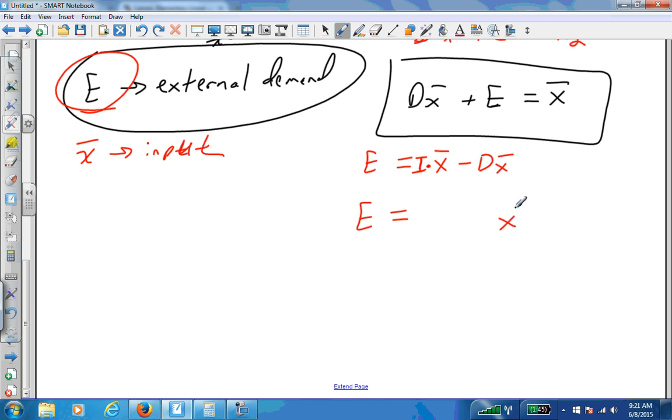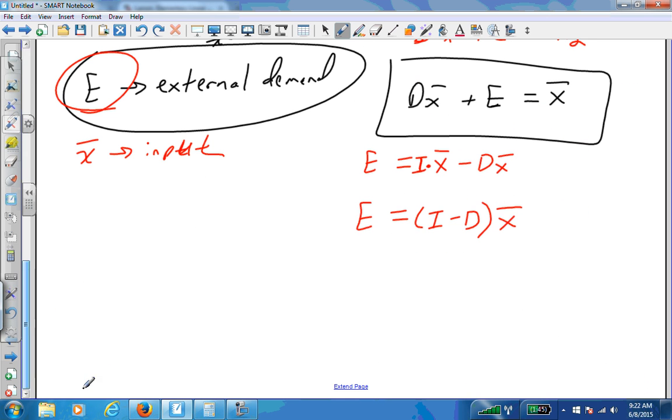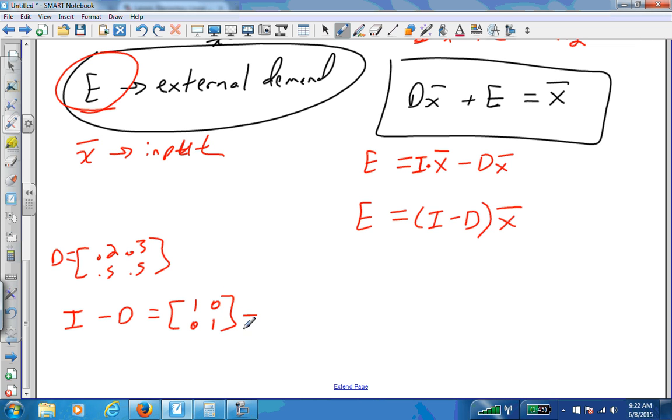We can factor x out on the right, and we're left with I minus D. Now, if D is this matrix, 0.2, 0.3, 0.5, 0.5, then I minus D is the corresponding identity matrix minus the demand matrix.